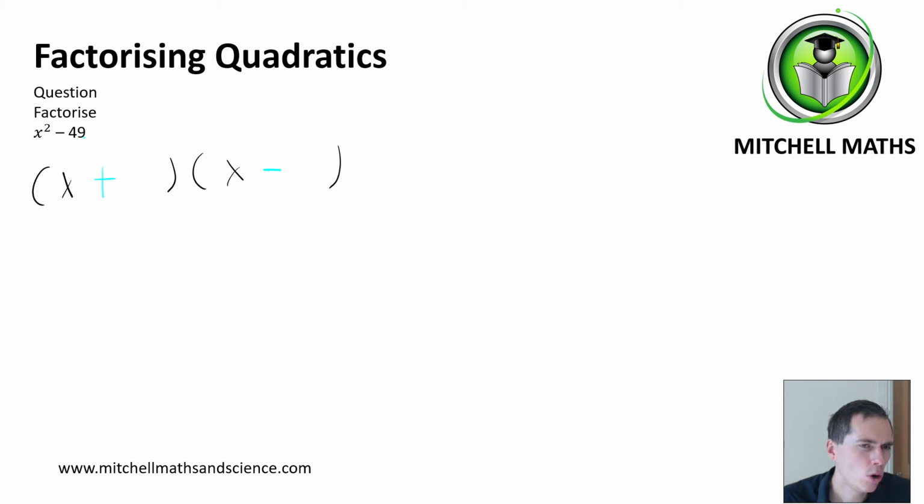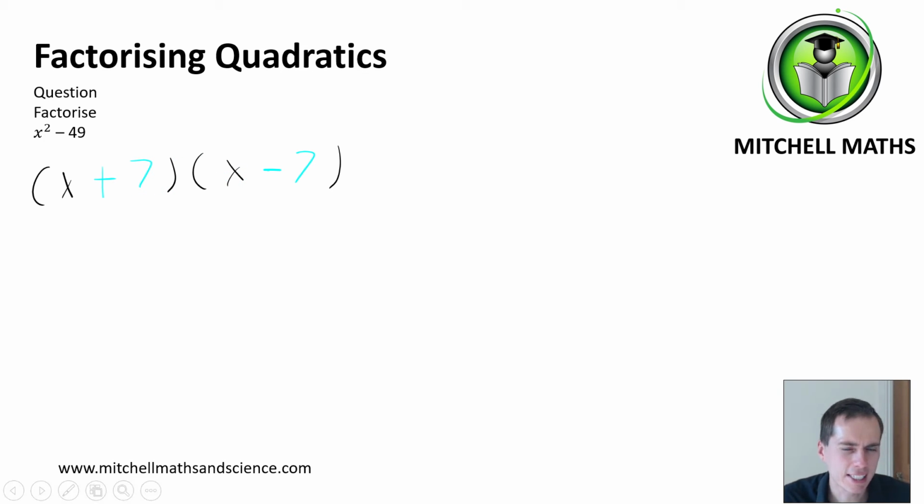And we know that 7 and 7 make 49. The reason there's no middle term is because plus 7 minus 7 is 0. And you can't get 0x because that would just be 0. Therefore, we've got x plus 7, x minus 7.